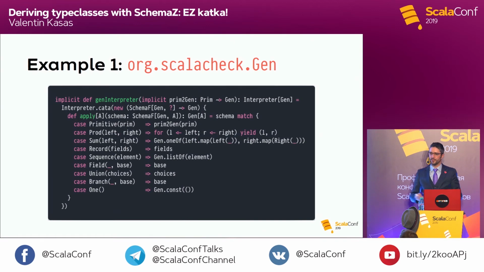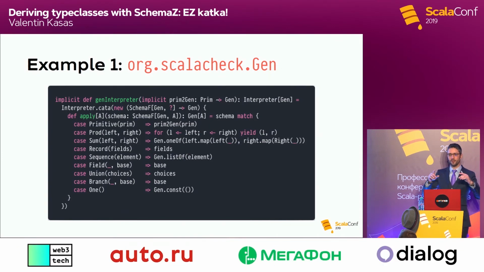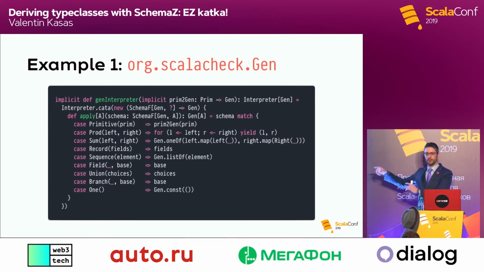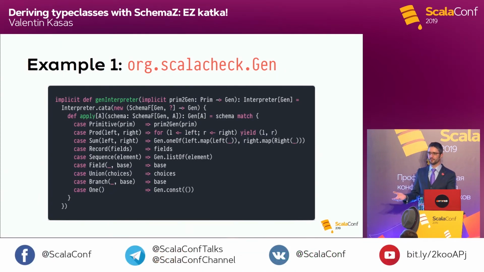So in the end, you end up with a generator for your representation. So you have a gen of an either of blah, blah, blah. And thanks to the isomorphism you provided with your schema, I can transform this gen of either some blah, blah, blah into a gen of, say, person or whatever. So that's the only thing you have to write.